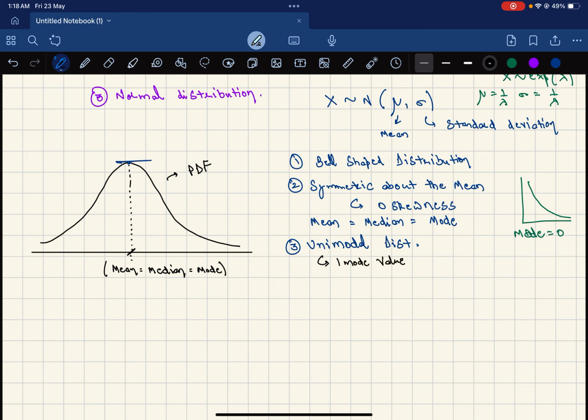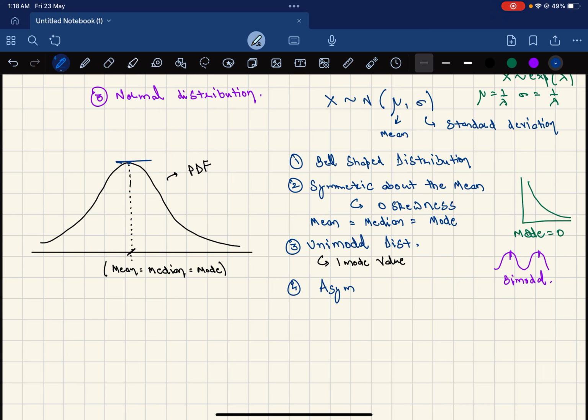But then what is a bimodal distribution? A bimodal distribution could have shapes something like this, where there are 2 x values at which the maximum value of the PDF could be achieved. So this is an example of a bimodal distribution. But the normal distribution is a unimodal distribution.